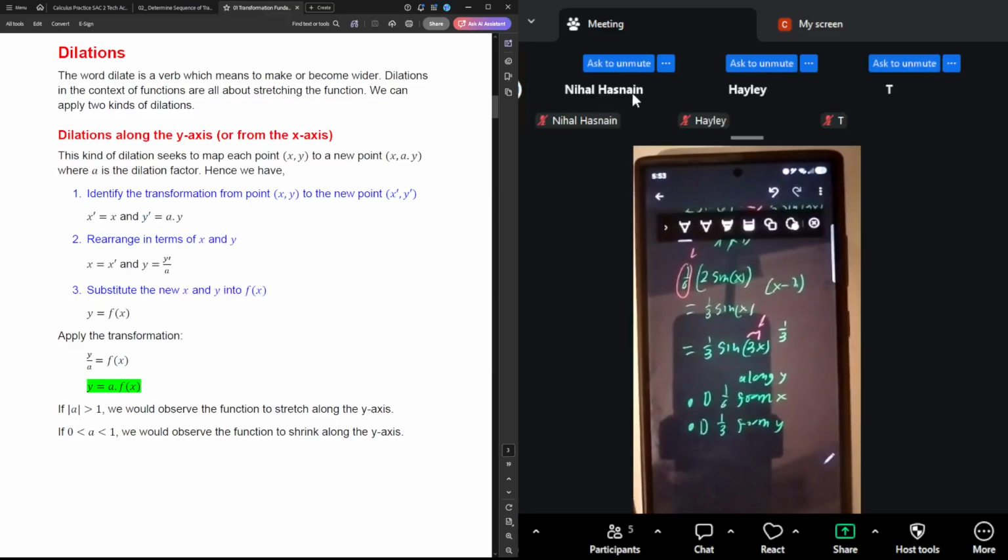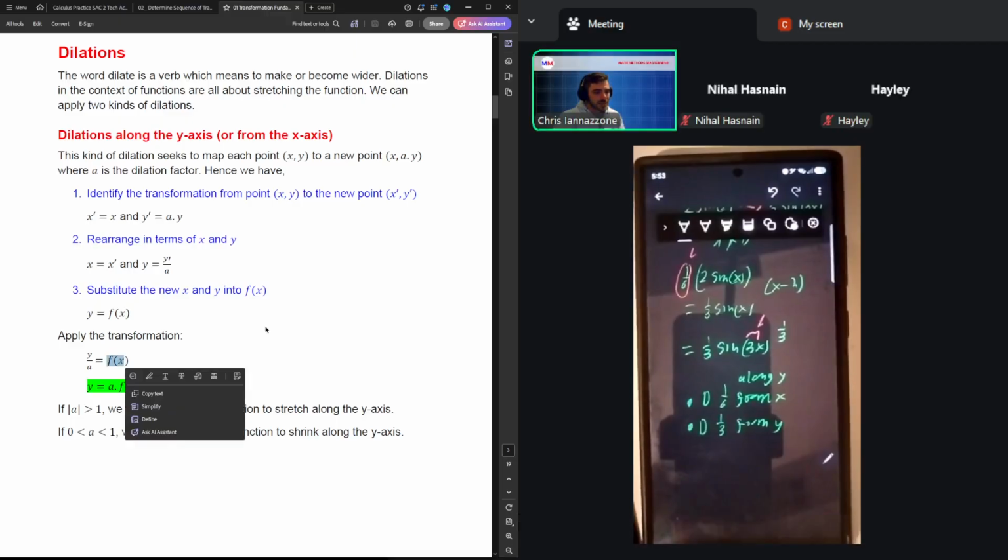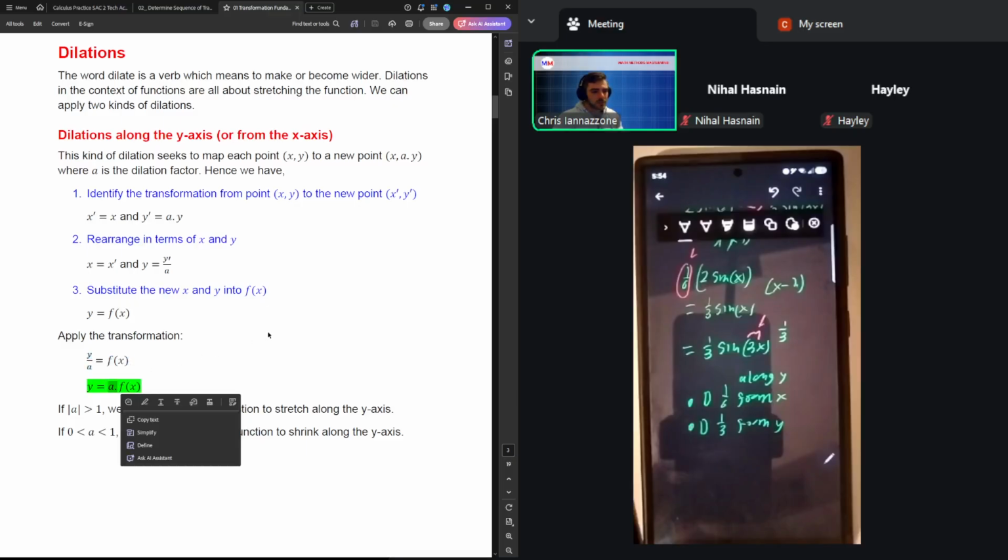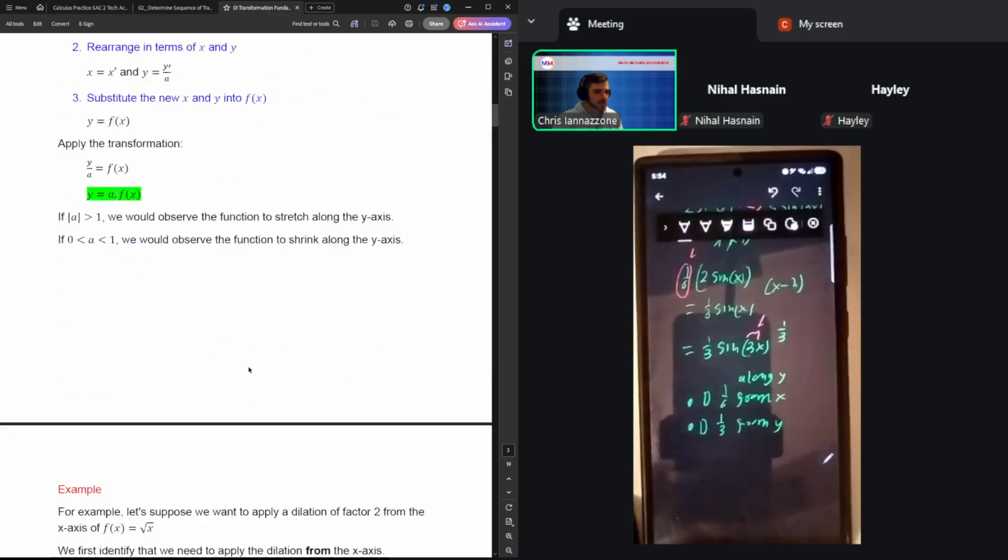The reason why you want those on their own is because we're trying to substitute back into some function to actually apply the transformation. So we do that flip. Then, when we sub that in, at least in this case, we'll notice that the y is not currently on its own. We then have to flip it over, which is why whatever's left over here as a multiplication is the factor, right? The dilate factor A has been applied, and if we look at where A has appeared, it's the multiplication. Nice and easy.